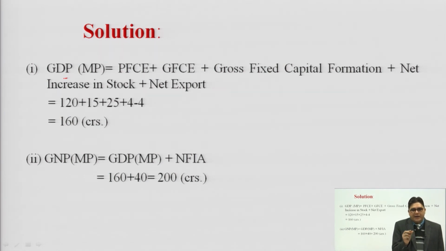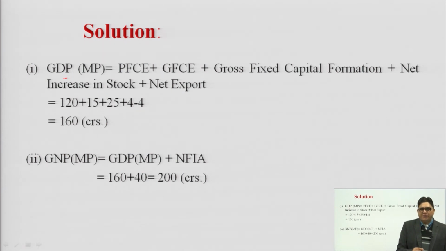Either we can multiply the final goods by their current prices, and our national income can be calculated. The next approach is the value added method, in which we take only the value added at the subsequent stage of production.